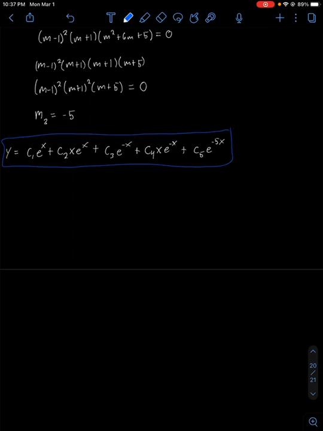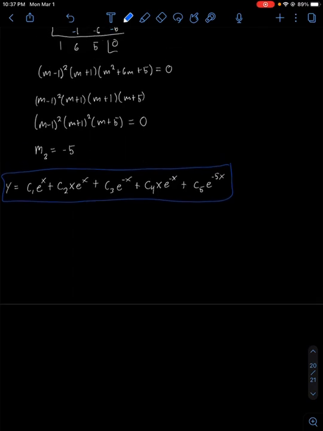So the final answer is c1 e to the r, which is c1 e to the x. c2 r e to the r, yes, that's right. c3 e to the minus r, c4 r e to the minus r, c5 e to the minus 5r. So that's right. The only thing is I didn't put R's, and I'll change those as well.